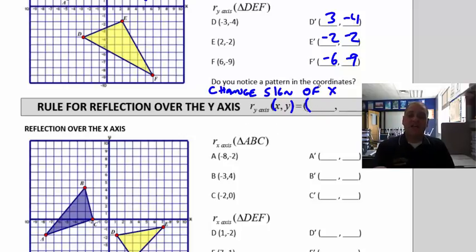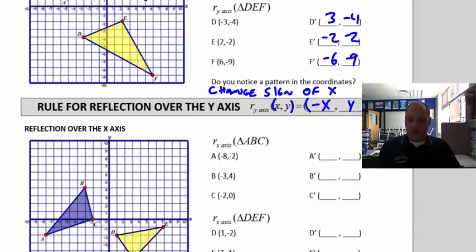Well, we change the sign of x. To write in notation to change the sign of x, you just put negative x. Do we want to touch y? No, y stays the same. Look, -4, -4, -2, -2, -9, -9. The y doesn't change, so we just put y. So there's our rule for reflection over the y-axis. Change the sign of x.